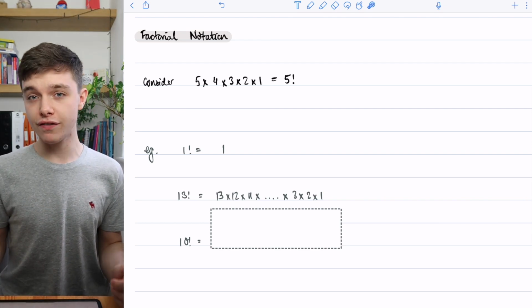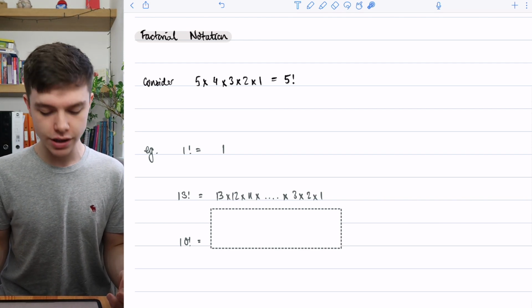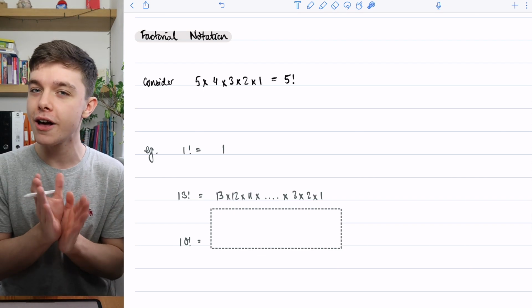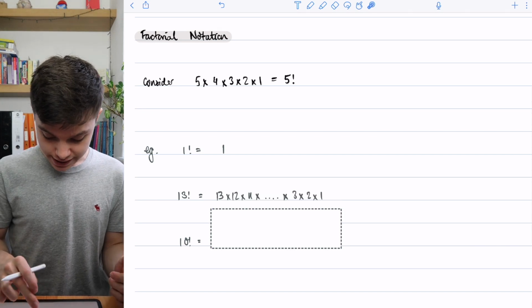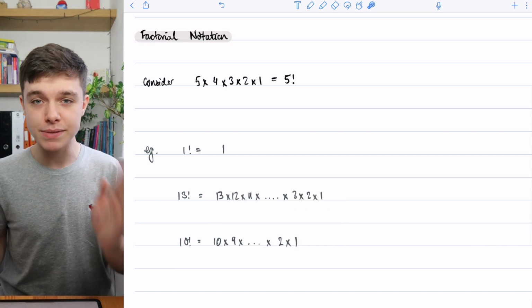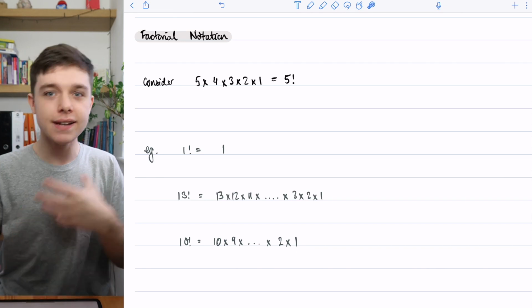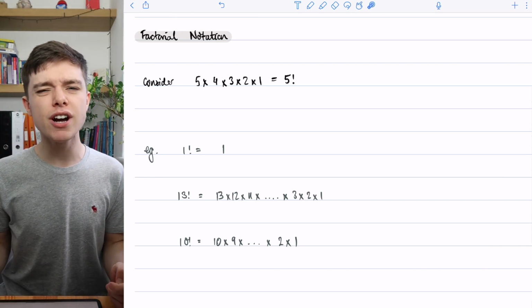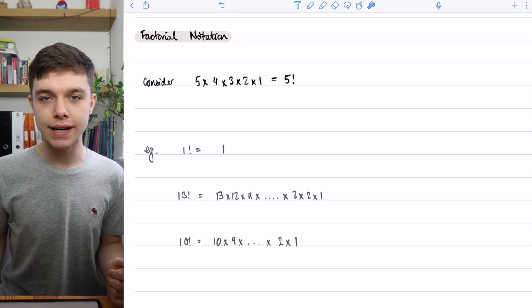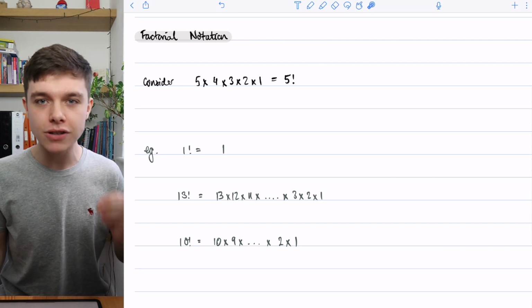So pretty straightforward notation. It can look a bit confusing because you can think, what is the exclamation mark? But it's a factorial symbol. 10 factorial is exactly the same. It is just 10 times 9 times 8 times 7 times 6 times 5 times 4 times 3 times 2 times 1. Again, we don't really need the 1, but we just always include it. Okay, so that is what factorial means.